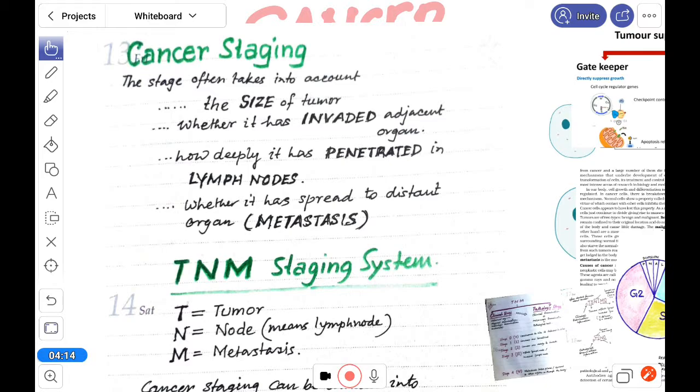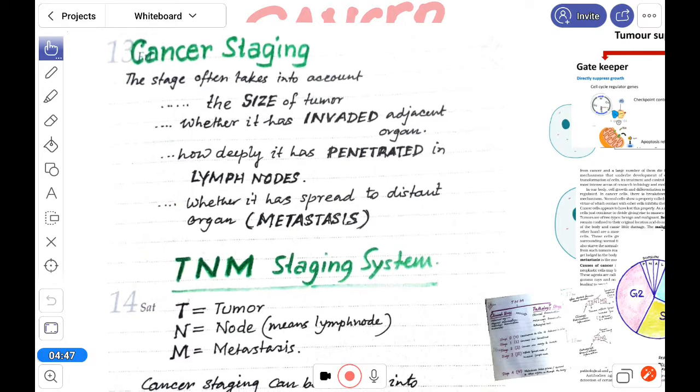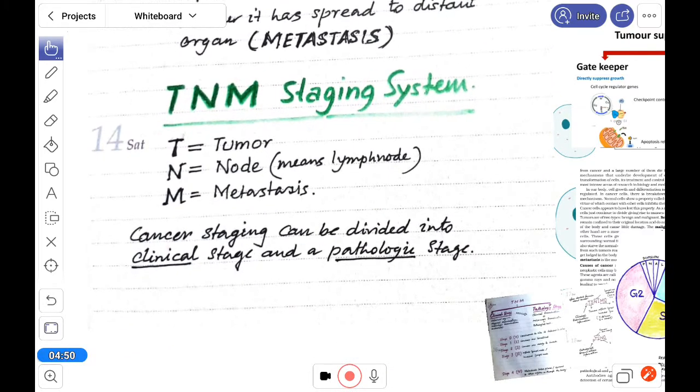So let us know about staging a little bit, maybe not in a book, but you should know that. How is cancer staging done? It considers the size of the tumor, whether it has invaded an adjacent organ, how deeply it has penetrated the lymph node, and whether it has spread to a distant organ, that is, whether metastasis has taken place or not. This is called the TNM staging system.